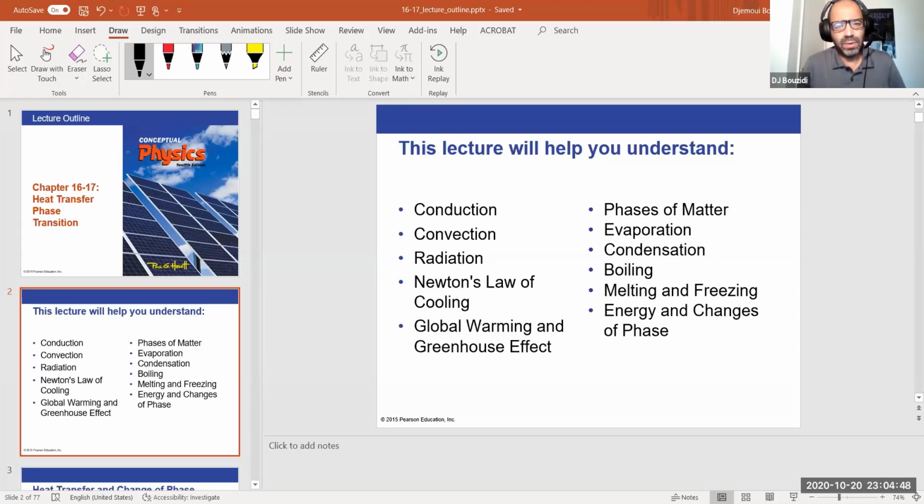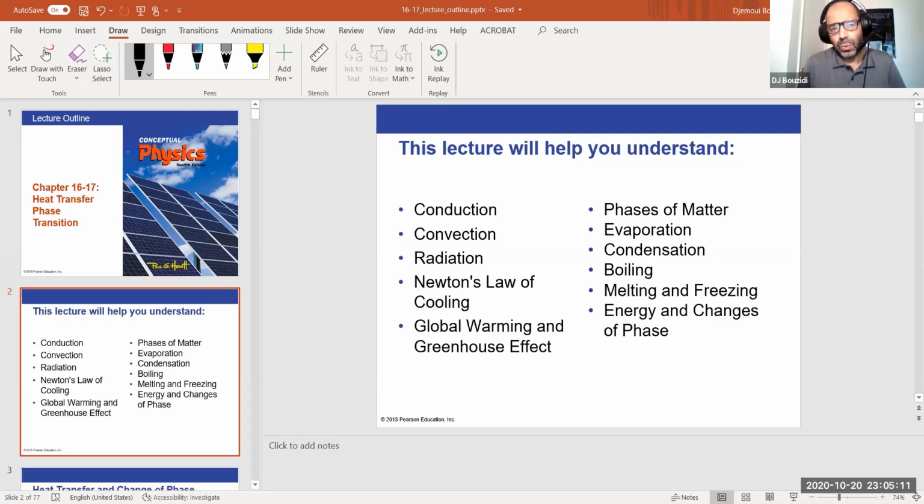That's very hot compared to us here, but relatively speaking, compared to the core of the sun, it's a lot less. Those are the two processes we're going to talk about. The third process is radiation. Here is the deal with the first two: they need a medium. So that's the first topic of the discussion.